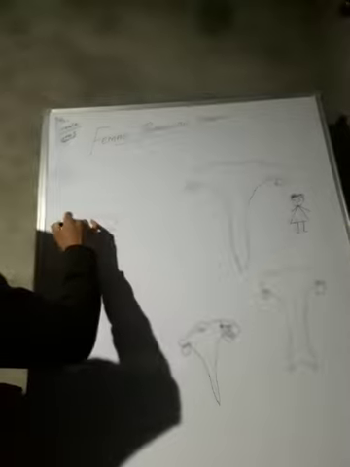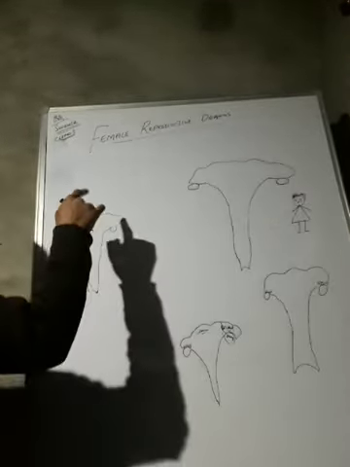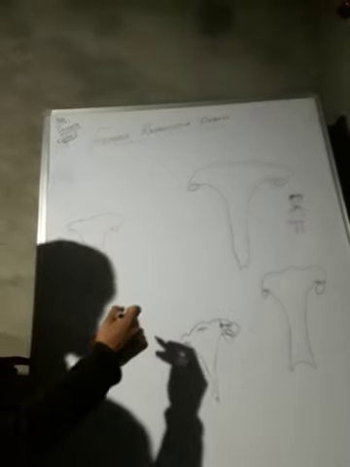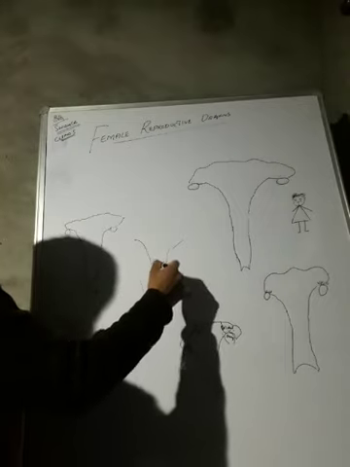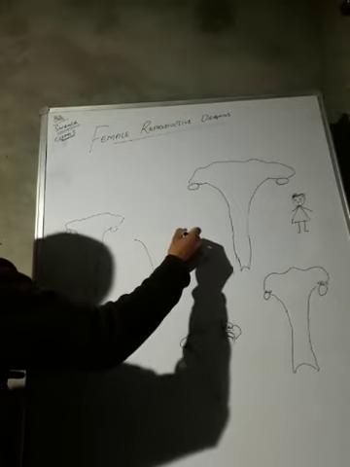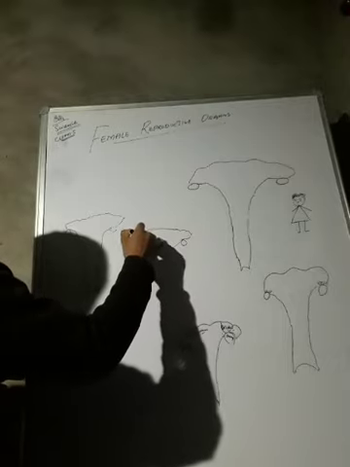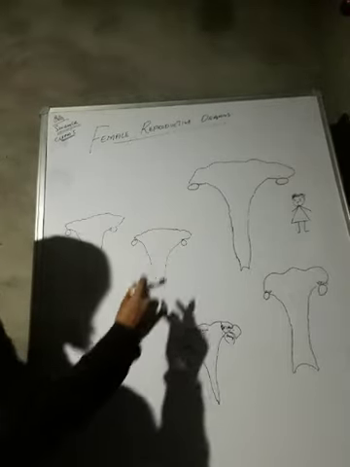I have also tried to make the diagram of the female reproductive organs. It's very easy if you try. Try makes man perfect. So if you try, you can. If you do not try, you can never.